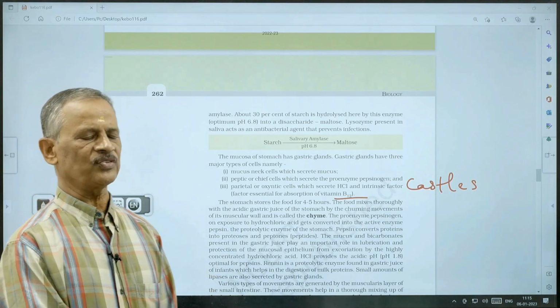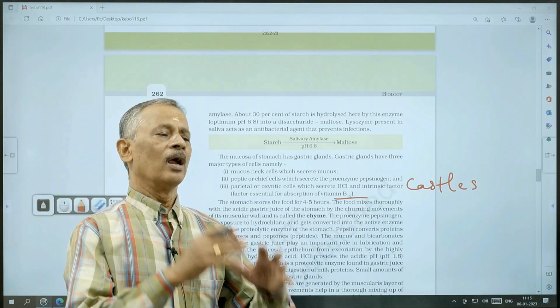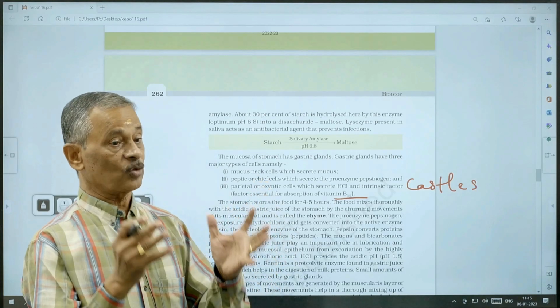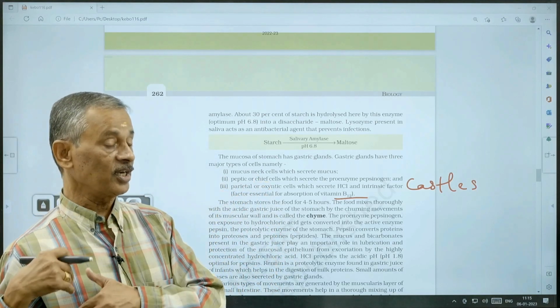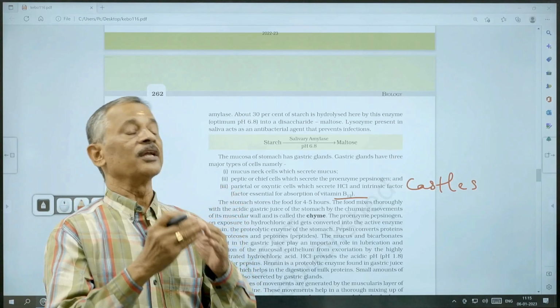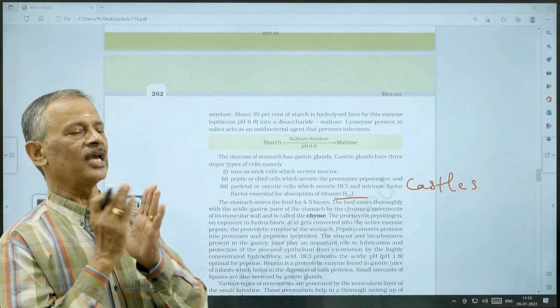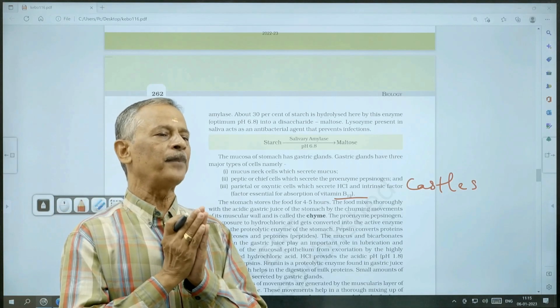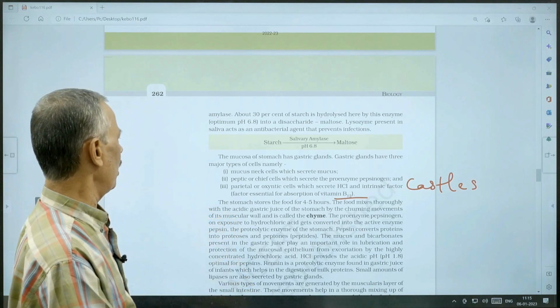Vitamin B12 is very essential for maturation of our RBC. So, if this vitamin is not present in sufficient amount, RBC production will be reduced very much, leading to a condition called pernicious anemia.